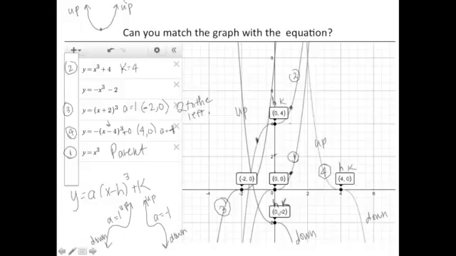So in this example, if h is 0 and k is -2, and I know that this is an up-down, then I know that if I go to the right 1 and down 1, that my a value will be -1. So I'm looking over here, and I can see the -2 translated down 2 units.